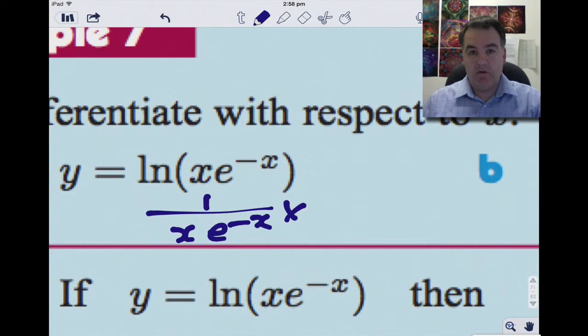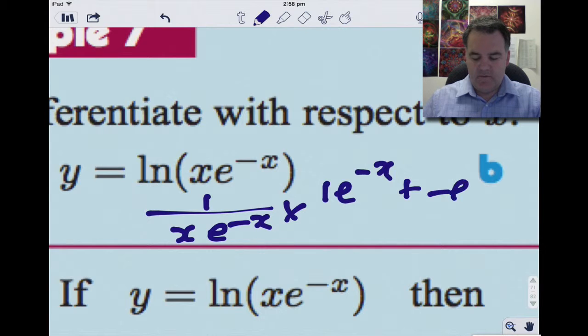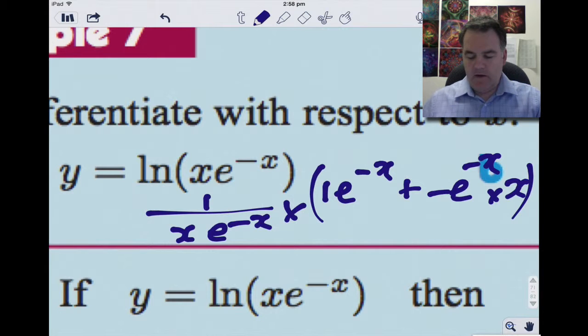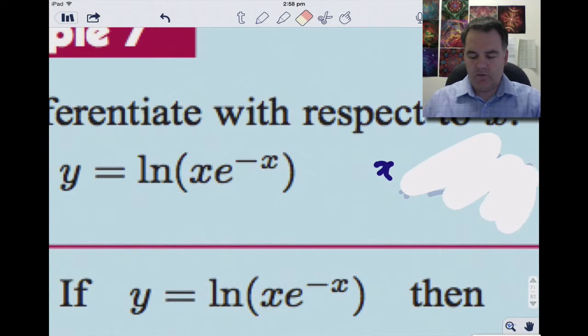And then we'd have to use the product rule. u dash v plus v dash times u. That is actually the answer to that one there. And then I'll have to start simplifying. But there's an easier way of doing it, and you can see the answer on this page here.